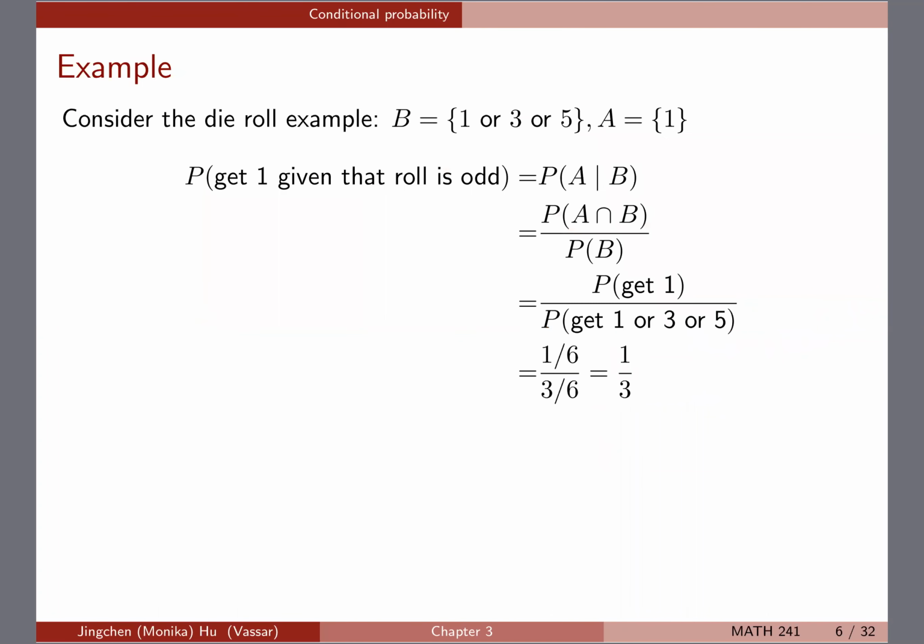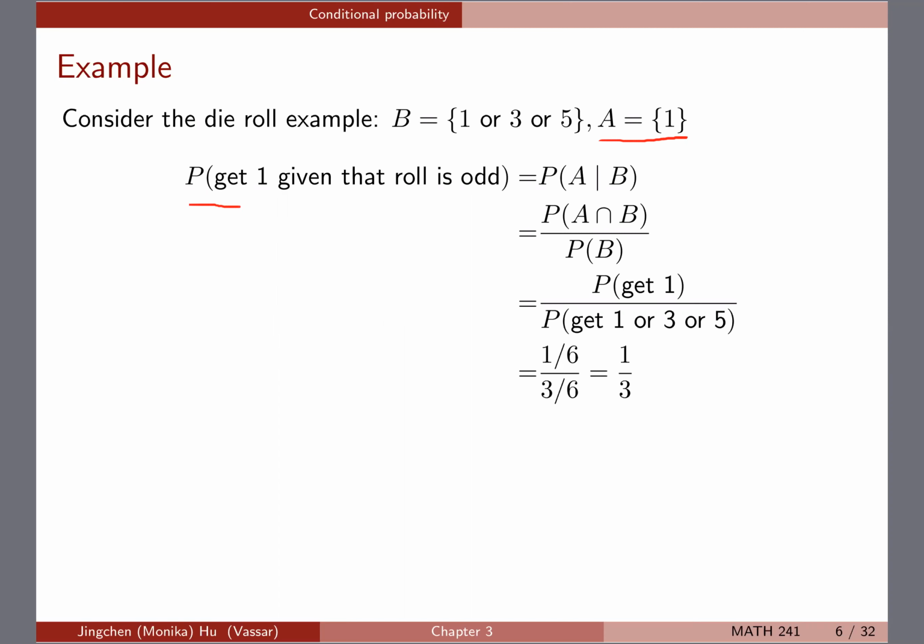Go back to the example earlier, when we are rolling a fair six-sided die, and we define event B to be 1 or 3 or 5, and event A to be 1. So remember, we want to know the probability of getting a 1 if we know that we have rolled an odd number.